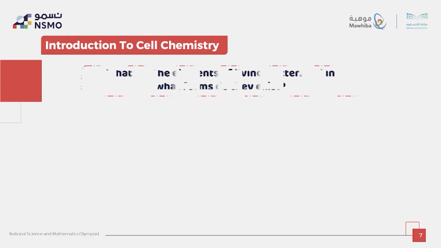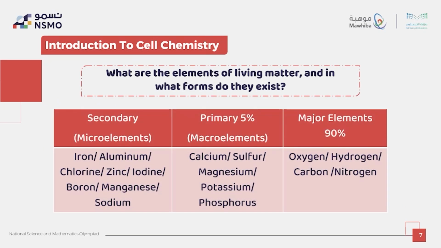Here we see the classification of elements of living matter into three groups. The first one we call the major elements, 90%, such as oxygen, hydrogen, carbon, and nitrogen. The other one we call primary, or macro elements, 5%, such as calcium, sulfur, magnesium, potassium, and phosphorus.